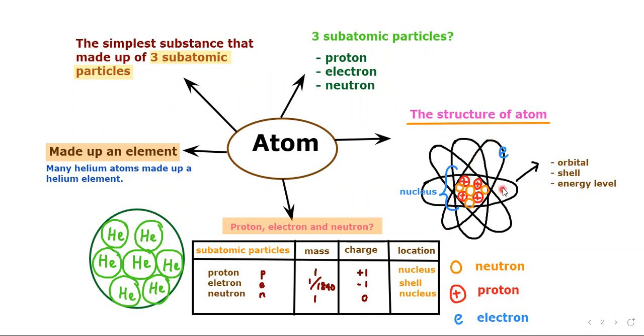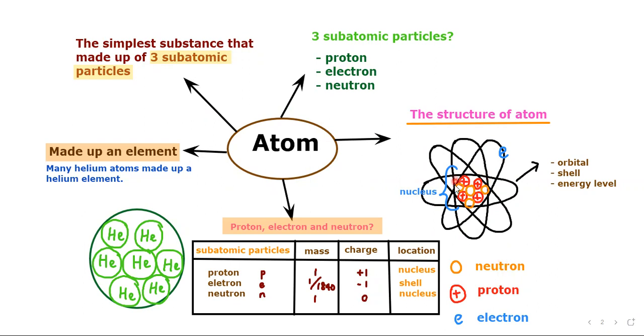So here is the 3D structure of an atom that I drew out. You can see in the center of the atom, we call it the nucleus. Inside, we have red color and also orange color. Red color indicates protons, orange color indicates neutrons.